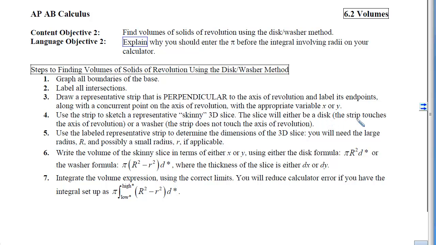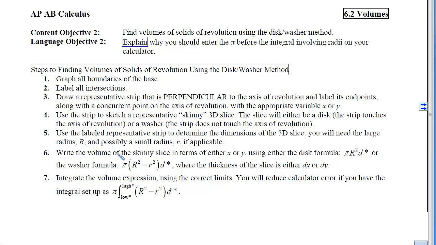So if it's a disk, that happens when the strip for the entire region will be touching the axis of revolution. Or we'll write it as a washer if the strip, even once, does not touch the axis of revolution. Then we will use the labeled representative strip to determine the dimensions of that 3D slice. We're going to need a large radius and possibly a small radius if we have a hole.